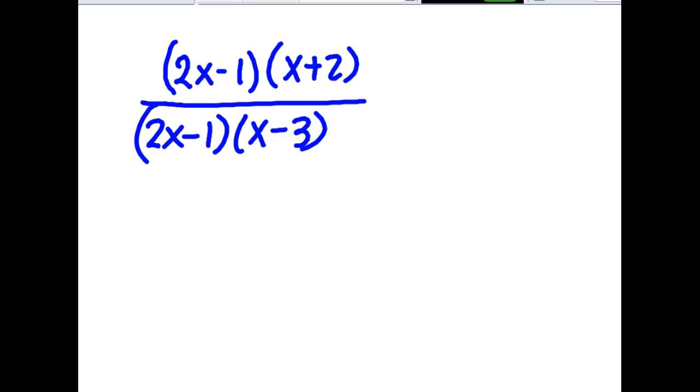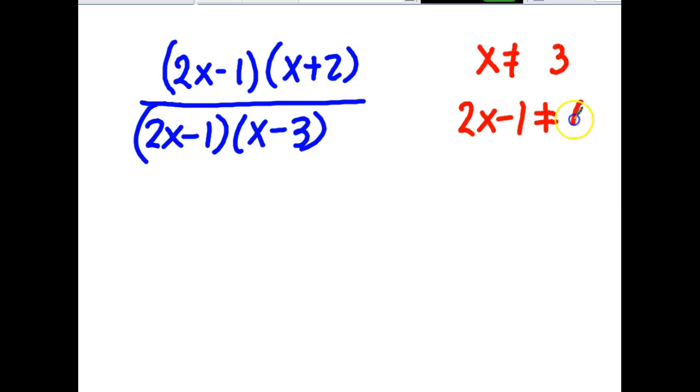And the denominator cannot equal to 0. And this part of the denominator cannot equal to 0.